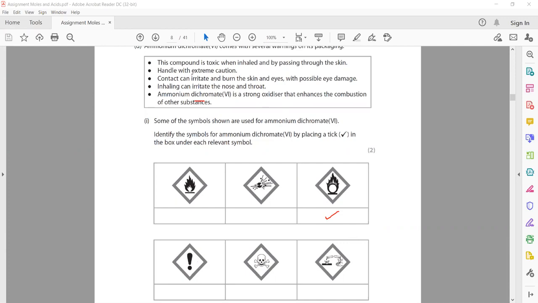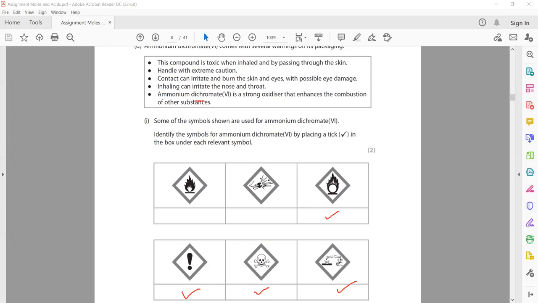Then they mention contact can irritate or burn the skin or eye, so this should be checked as well. Toxic, a toxic chemical. This is the symbol for a toxic substance. And handle with extreme caution, so we should be cautious. We have to take these.